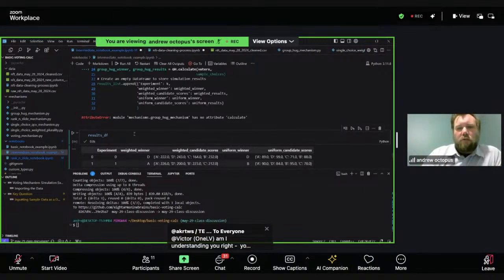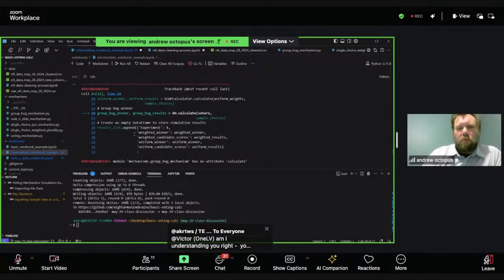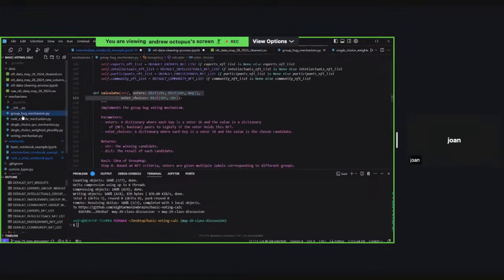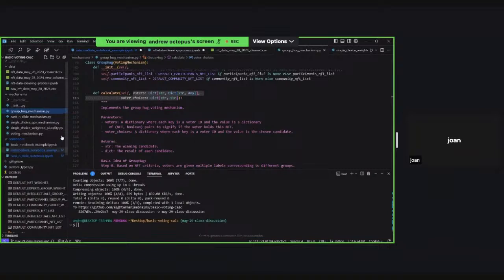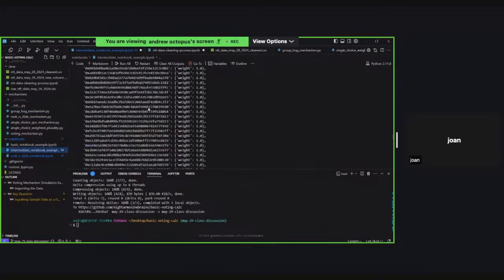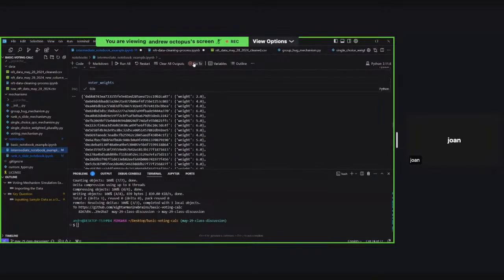That's not true. That shouldn't be possible. You had a red squiggly line below the... You had written something, GH for group hug, as if it didn't recognize it.